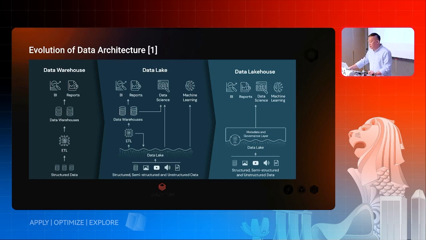But as time evolved, we need to store structured, semi-structured and unstructured data. So these new data give additional insights that are important for machine learning and some data science prediction models. To move to semi-structured and unstructured data, the current data warehouse is unable to do so because they are storing OLTP data.